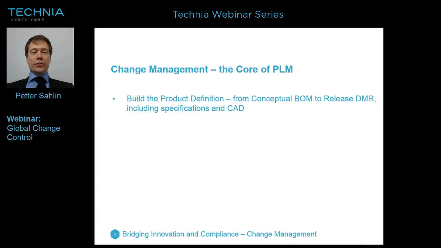So change management, what is the scope? It is to build a product definition from a conceptual bill of material, which is perhaps something I set up in my CAD system to start with, up until the release of the device master record. It is the bill of material, including any specification, and with that also any CAD drawings or CAD models.